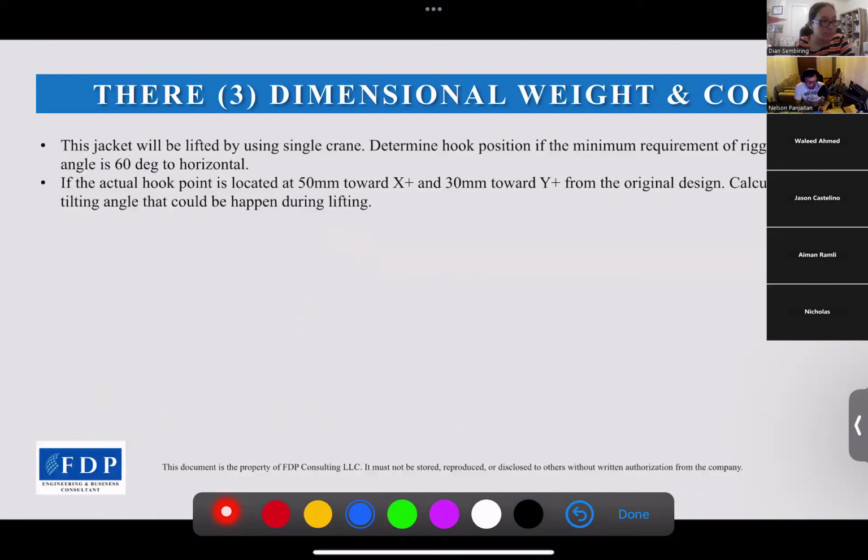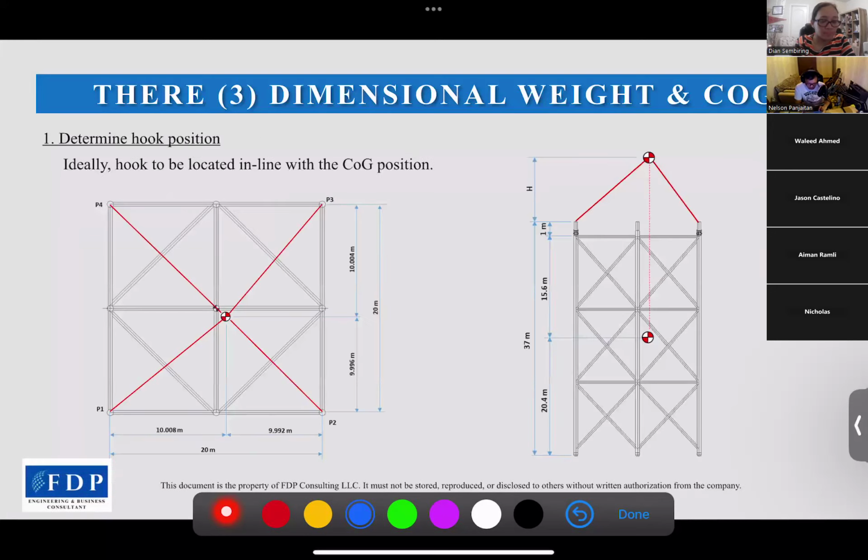This jacket will be lifted using a single crane. Determine the hook position if the minimum requirement of rigging angle is 60 degrees to the horizontal. I think it's an easy one for you because you're familiar with this. To determine the hook position, we usually put the hook exactly at the COG location, correct?